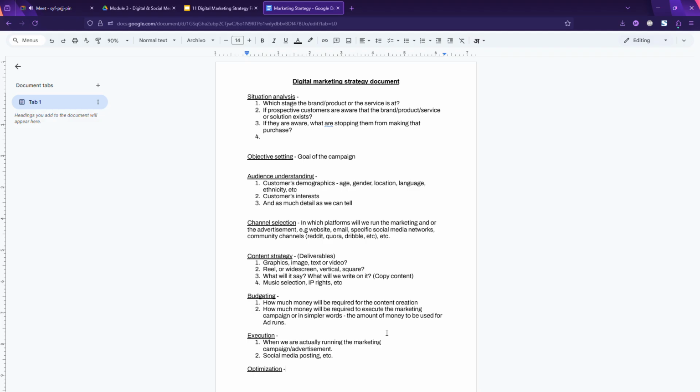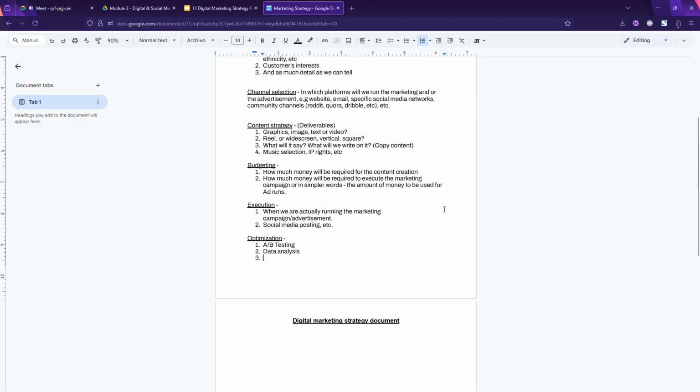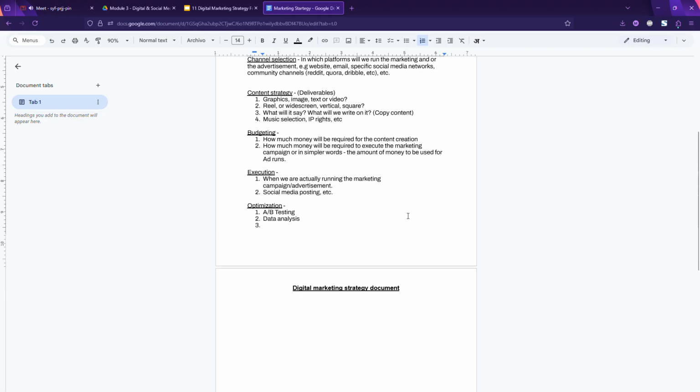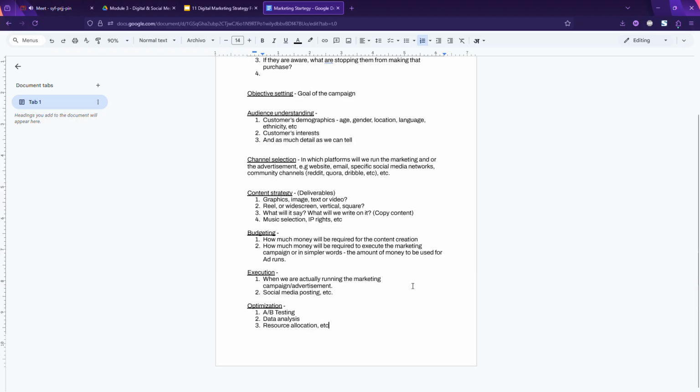And then we are doing optimization. In optimization, there's A/B testing, data analysis, etc. Let's keep this as data.